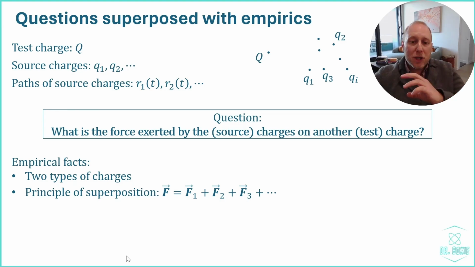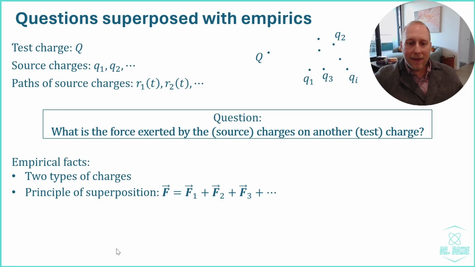And we can do that for each and every one of those source charges and then add them vectorially. Now, there is no a priori reason why this principle of superposition should hold. We can think of forces where this would not be true. It's just a fact of life, an actual empirical fact. We know from experiments that it does hold for this force exerted by charges on each other.